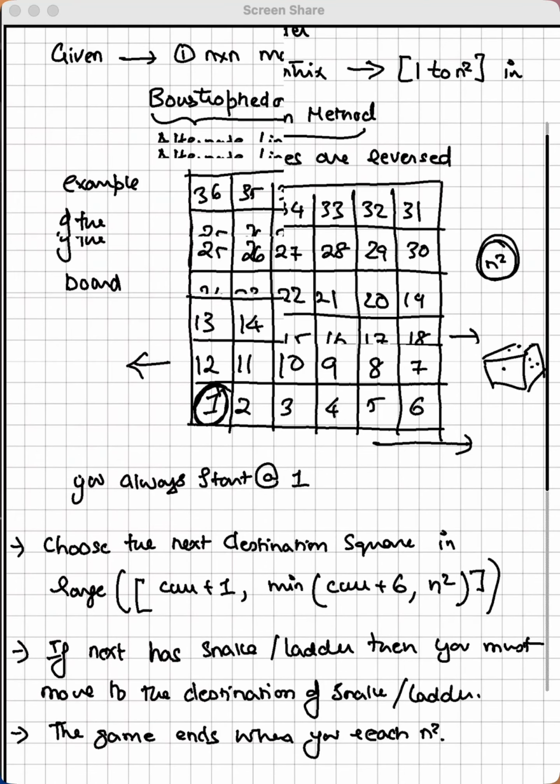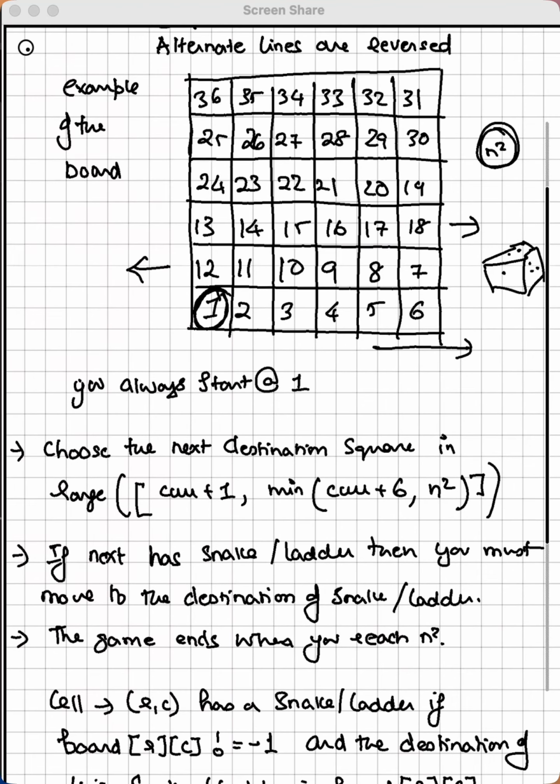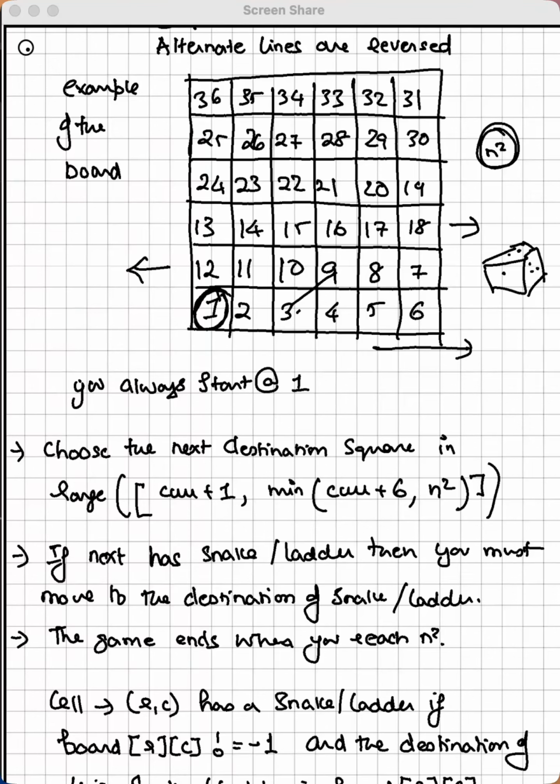Let's see what else. So yes, we are always starting from a particular number. We are always looking to go to another step, which is in the range of current plus 1 till plus 6, and the max is n squared. And yes, a very important point, some of the cells can have, let's say, a ladder, or some of them can have a snake.